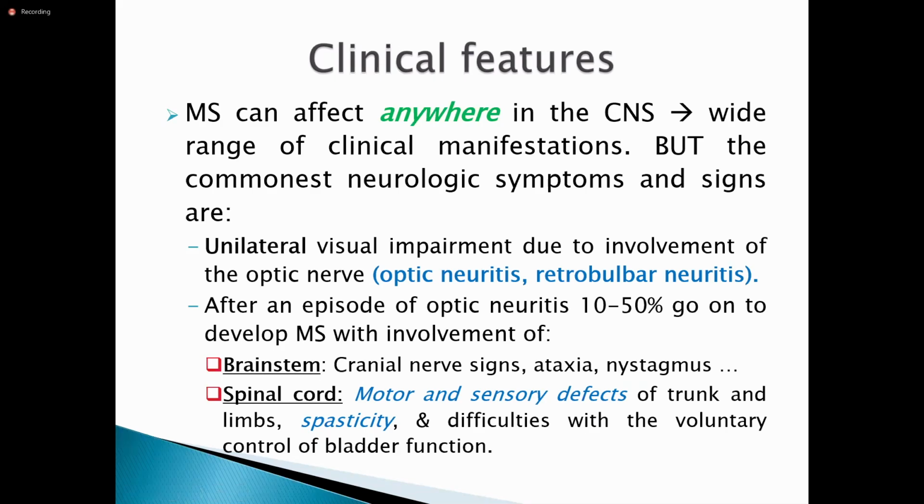So first, most of the people are in their late 20s or early 30s and report an abnormality in one of the eyes, either a visual acuity abnormality or loss of vision altogether. Later in the disease there is involvement of the brainstem, as we said, ataxia, nystagmus, and involvement of the spinal cord. They develop motor and sensory deficits and abnormalities in the control of the bladder and bowel and so on.